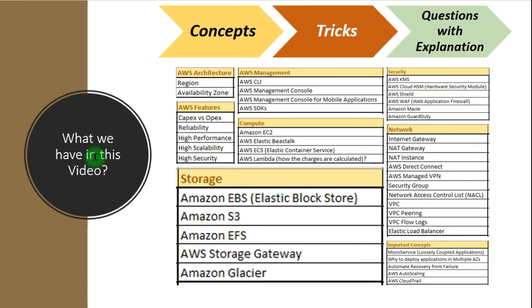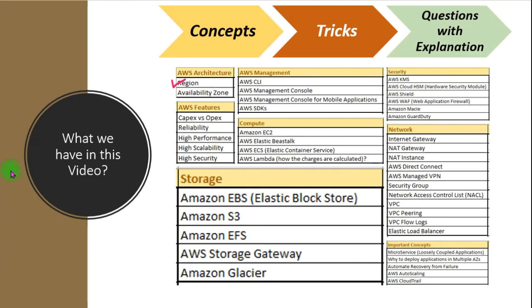As you know, AWS is spread, or we can say available, globally. So it is divided into regions and availability zones. So what exactly is a region? A region is a physical location around the world where we have clustered data centers. These data centers are discrete physical buildings with independent power, cooling, and physical security.